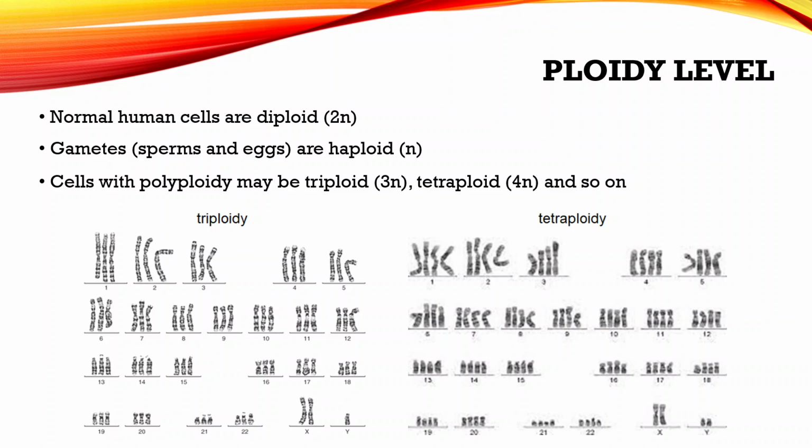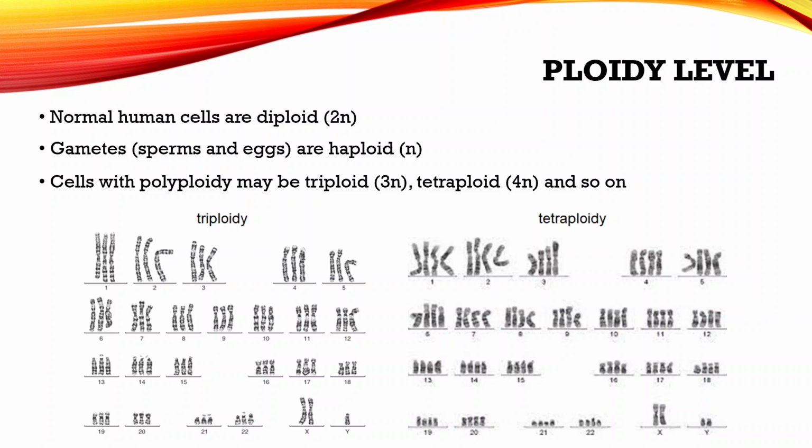But obviously there are abnormal cells that may arise due to non-disjunction, which may have polyploidy conditions. It can be triploid, like you can see on the screen, or tetraploid with 4 sets of chromosomes. I haven't seen more than that.